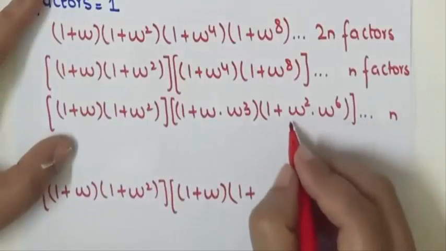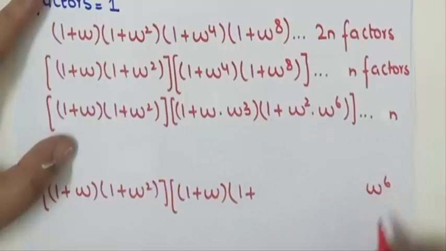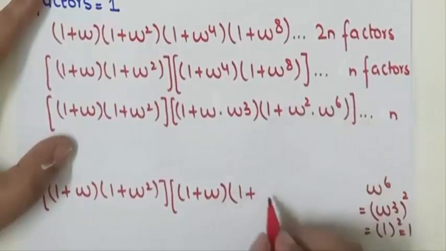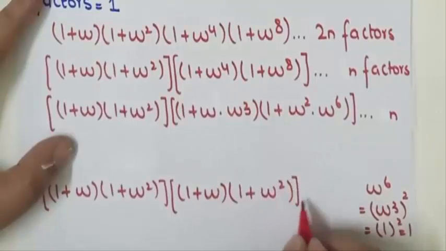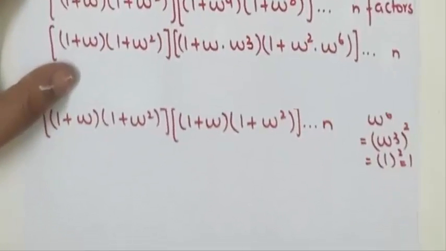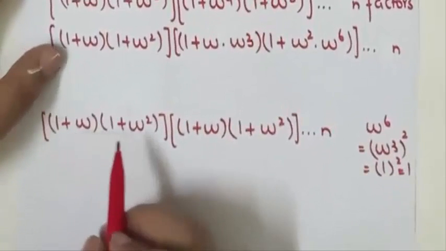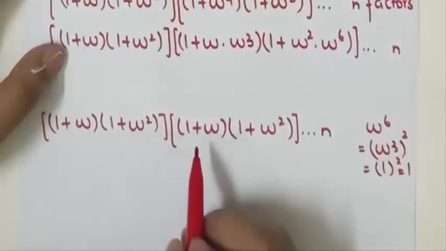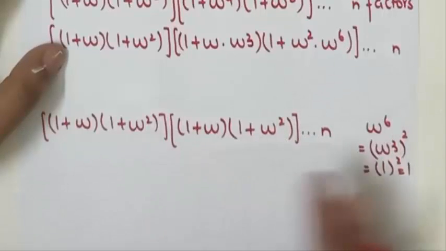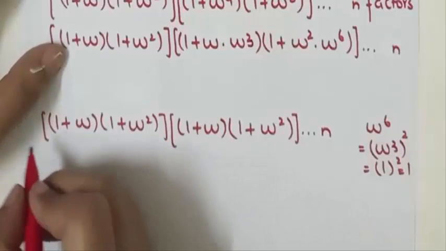How can we solve this part? Omega 6 means omega cube squared. Omega cube is 1, 1 squared is 1. So 1 into omega square is omega square, up to n factors. So as you can see, 1 plus omega square, 1 plus omega square up to n factors. This term will approach like this.